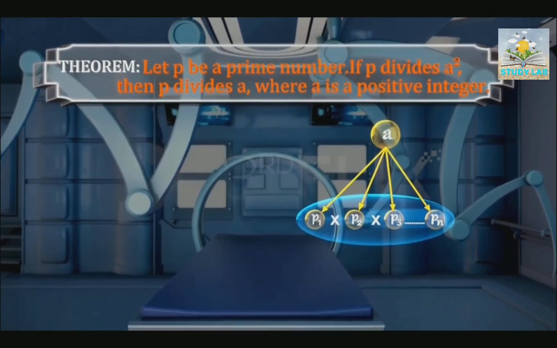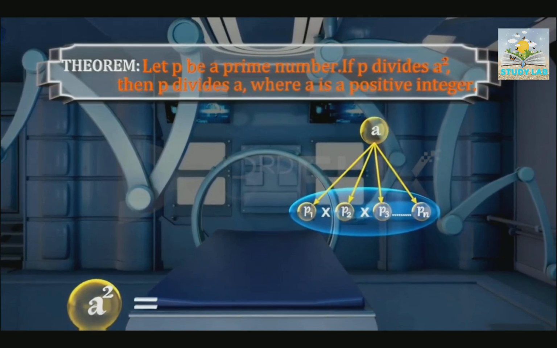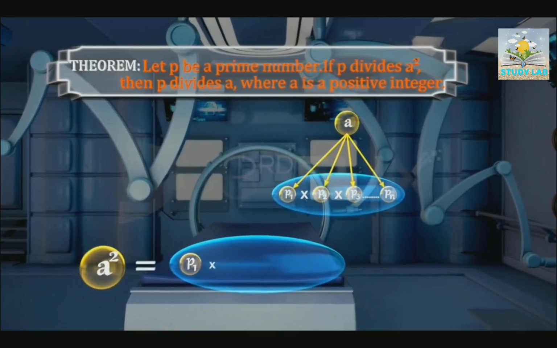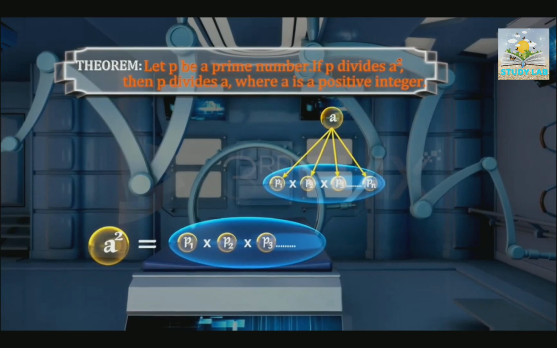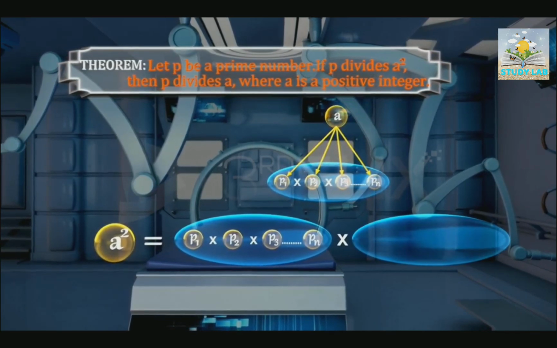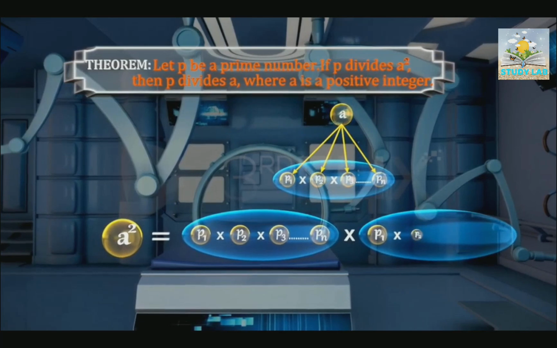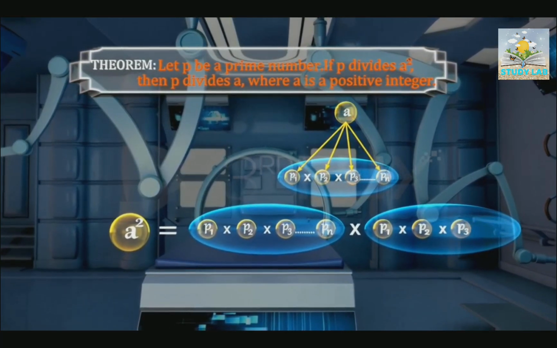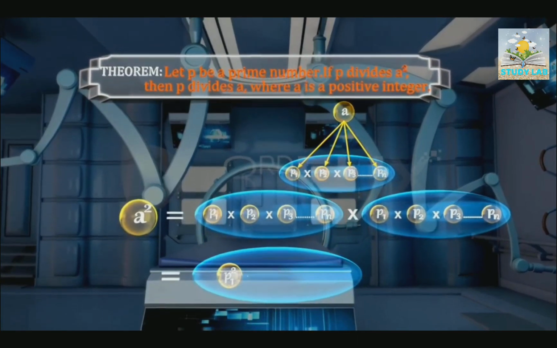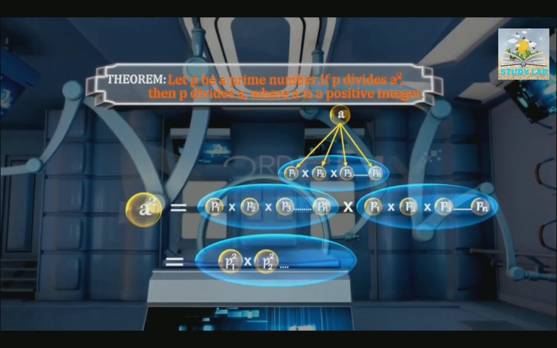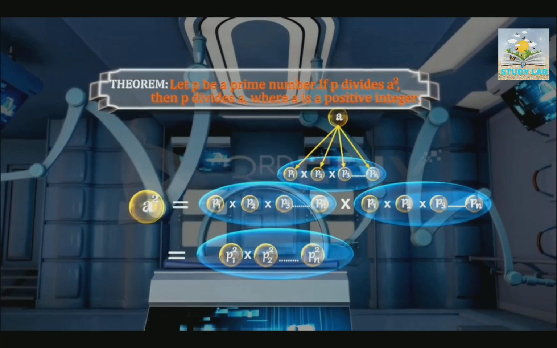Then we get a square is equal to p1 multiplied by p2 multiplied by p3 so on pn whole multiplied by p1 multiplied by p2 multiplied by p3 so on pn, which is equal to p1 square into p2 square so on pn square.